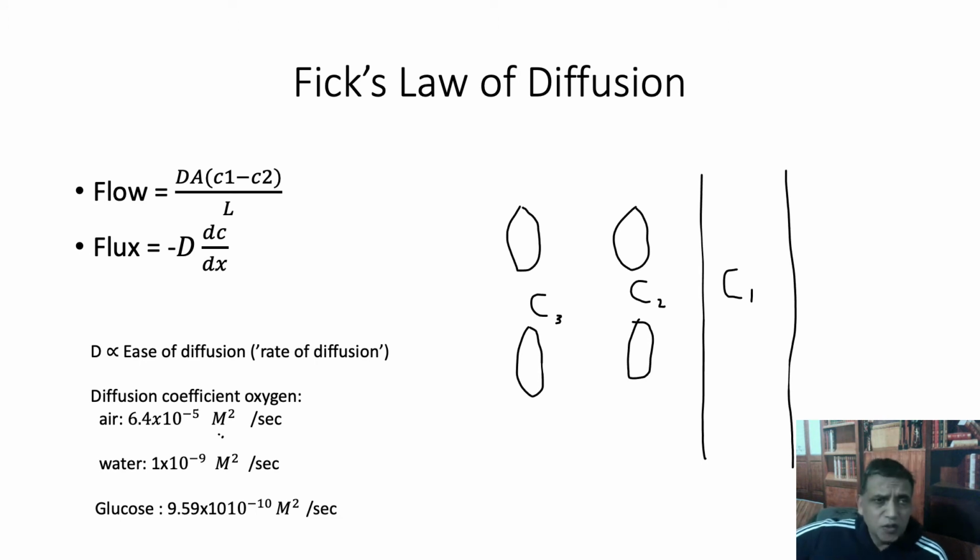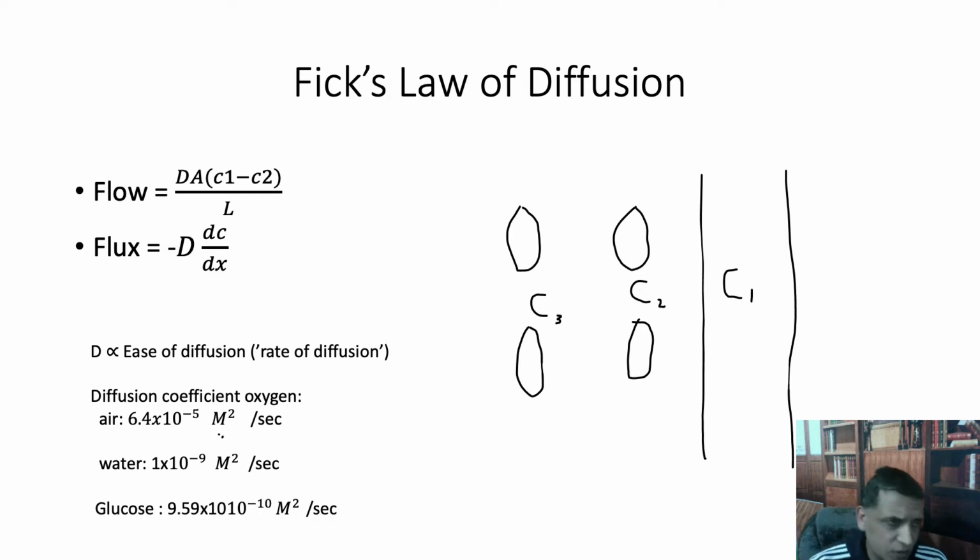In order to truly comprehend the effects of edema and its consequences on diffusion of nutrients from the intravascular space to the tissues, we really need to explore Fick's law of diffusion.